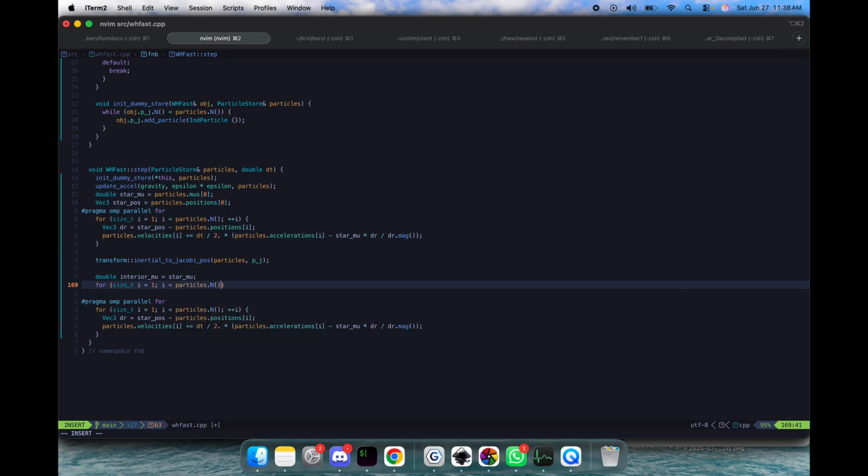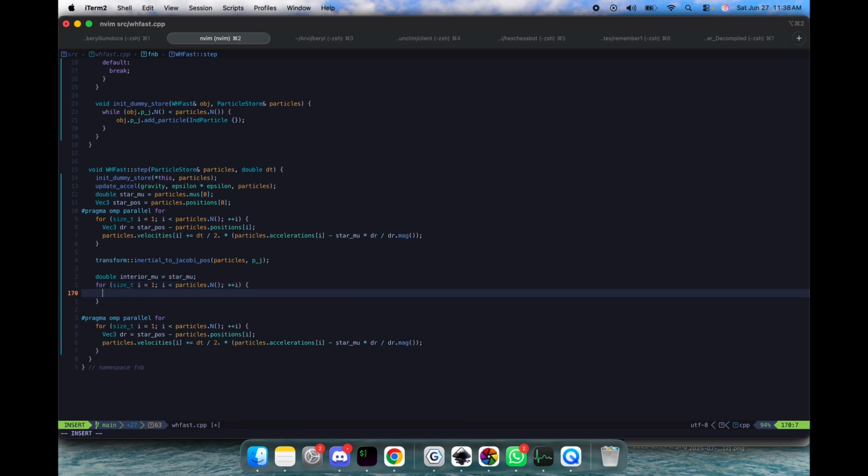We then increment i, and at the end we do interior mu plus equals particles dot mus index i.